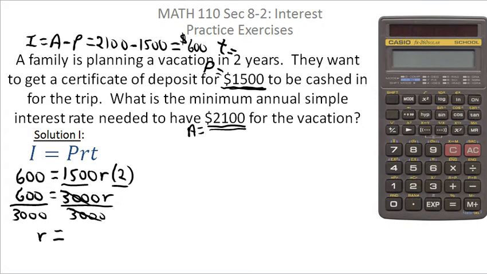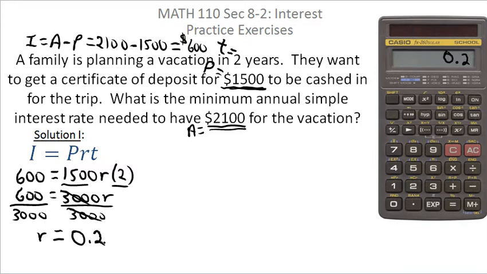So if I take the calculator to do this, I will do 600 divided by 3,000, equals, and that comes out to be 0.2.